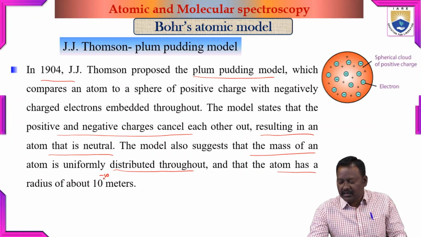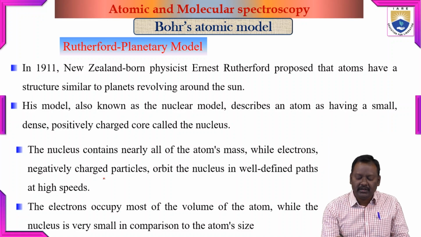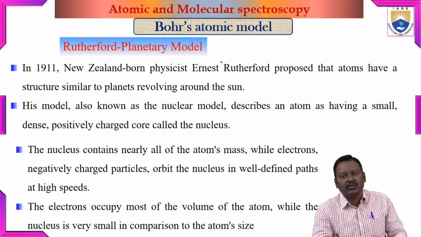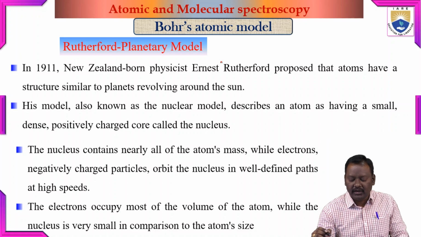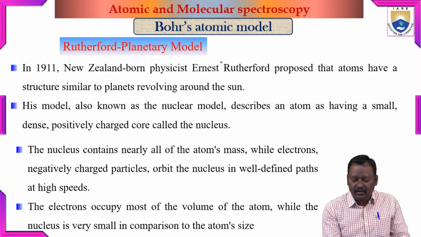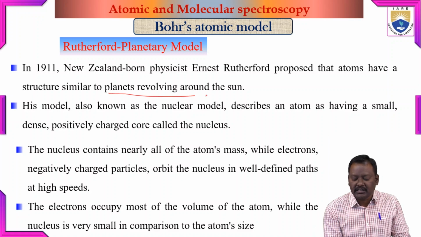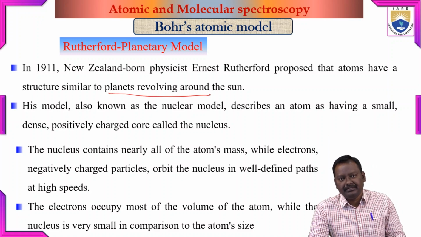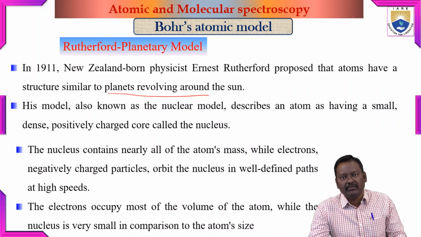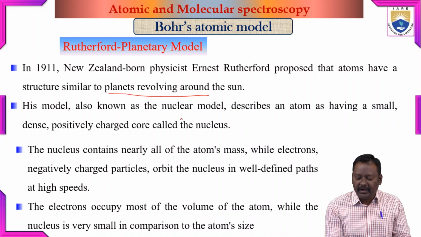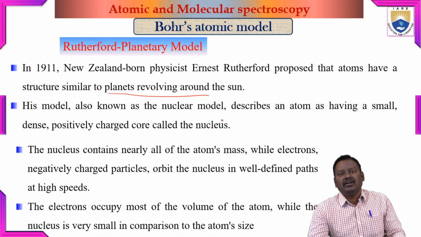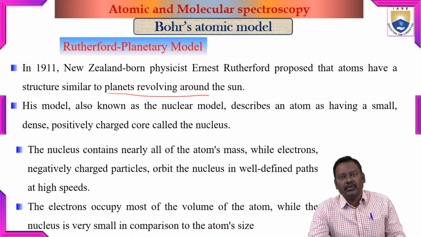But later, Rutherford gave the planetary model. According to this model, the structure of the atom is similar to planets revolving around the sun. As planets revolve around the sun, in the same way electrons revolve around the nucleus, where the nucleus contains the protons, the positive charge of the atom.